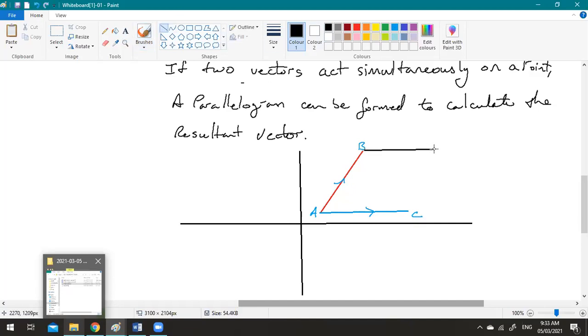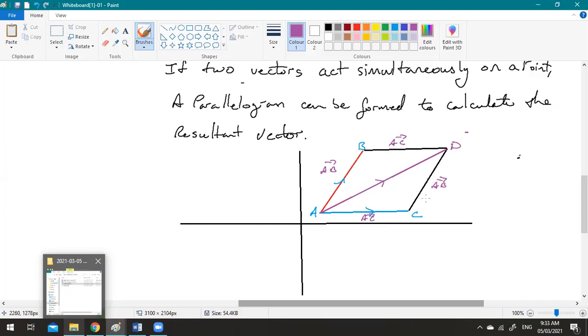We could complete a parallelogram to get the resultant vector. This will be the resultant vector we're looking for. Let's call this point D. So here's AB, here's AC, here will be AC, and here will be AB.